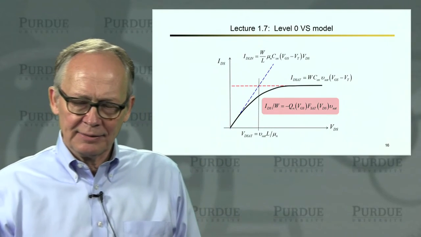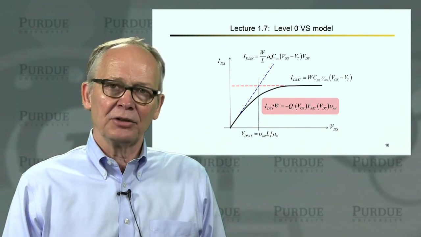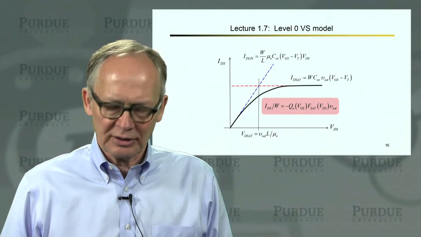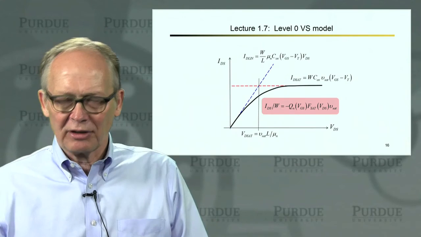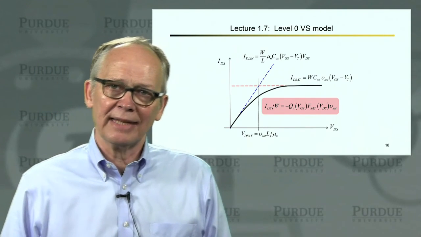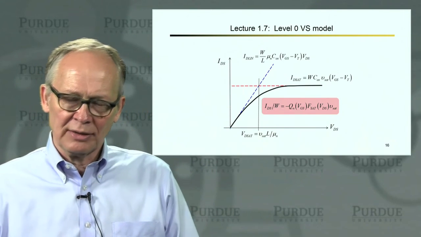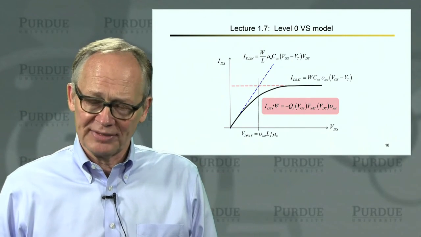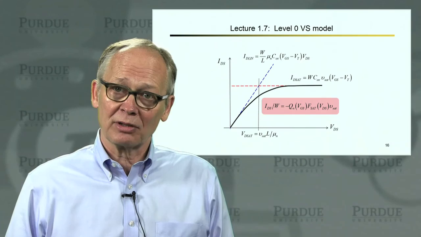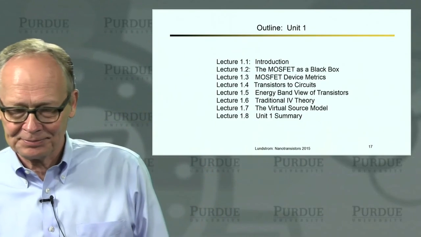And we're going to continue to come back to this virtual source model throughout the course, and it will provide for us a frame of reference as our understanding of MOSFETs and nanotransistors evolves. We'll evolve this model and make it better and more physical without making it much more complicated. And that's really the interesting thing.